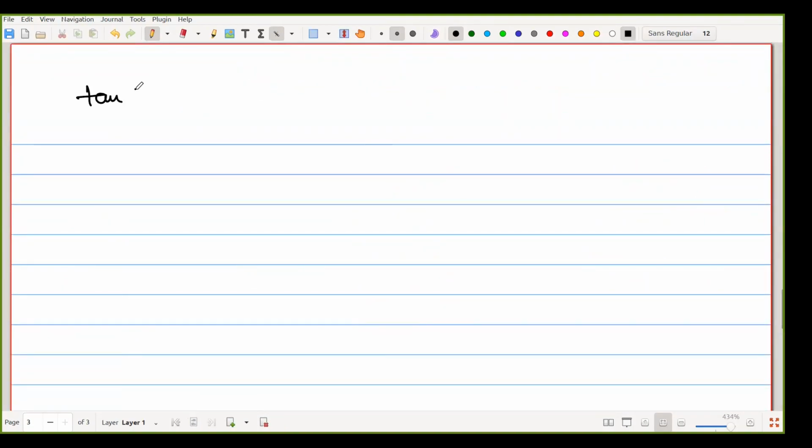So tan of 2n plus 1 pi by 2, where n is any integer, has undefined value.